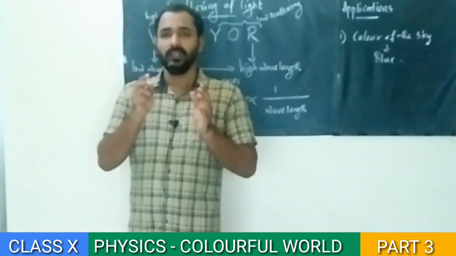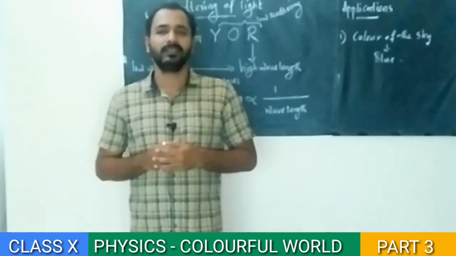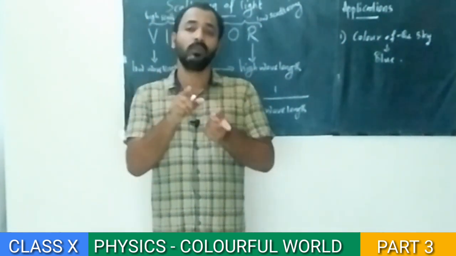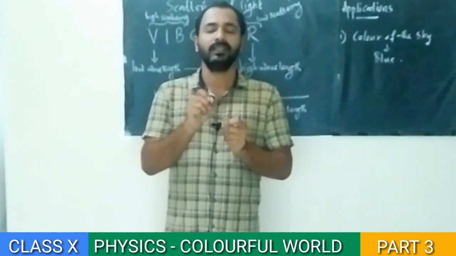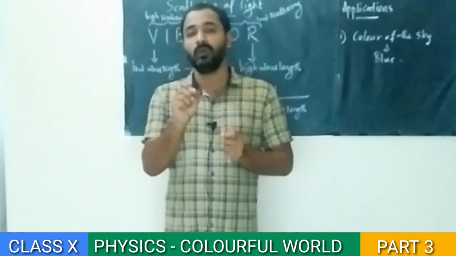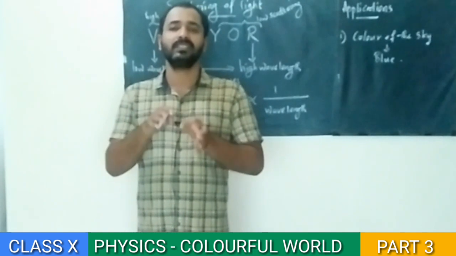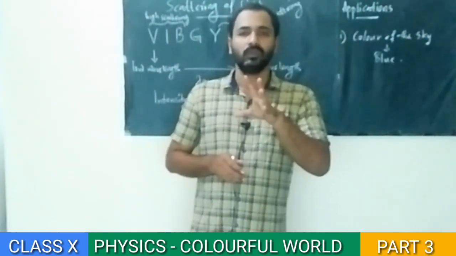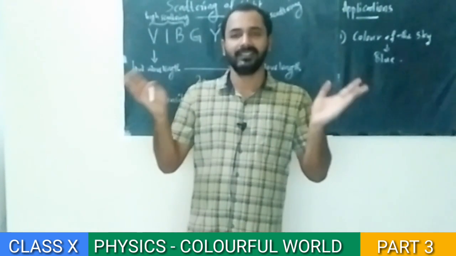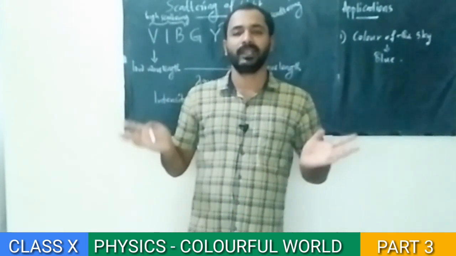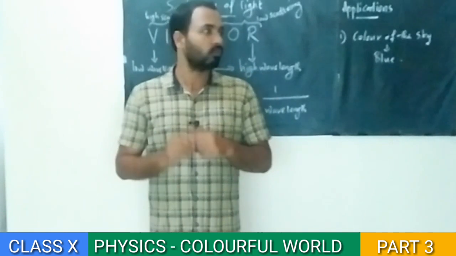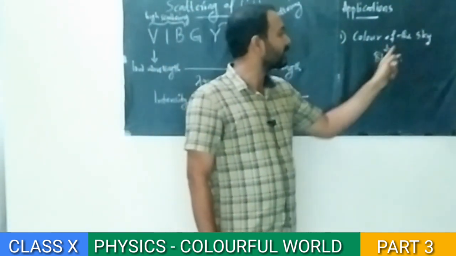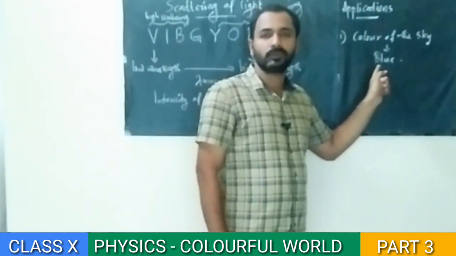Okay, so in the very fine particles, which color scatters more? Blue color scatters more when it strikes the very fine particles. So blue color scatters more and it spreads in the sky. That's why the color of the sky is blue.